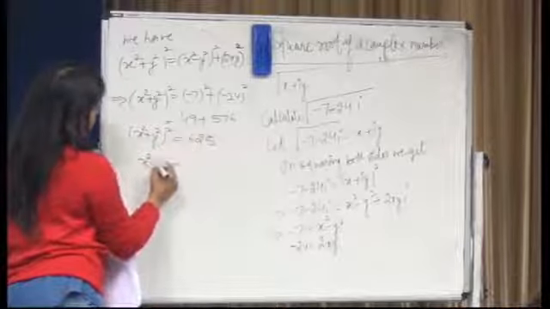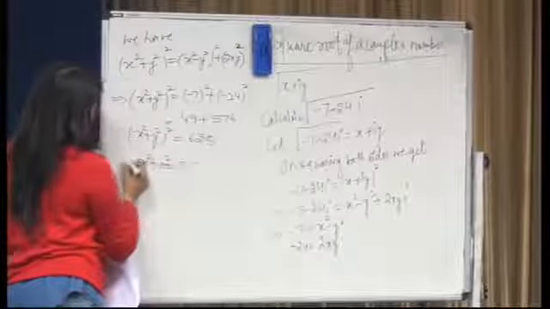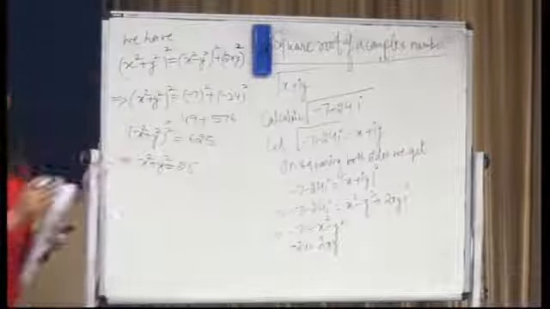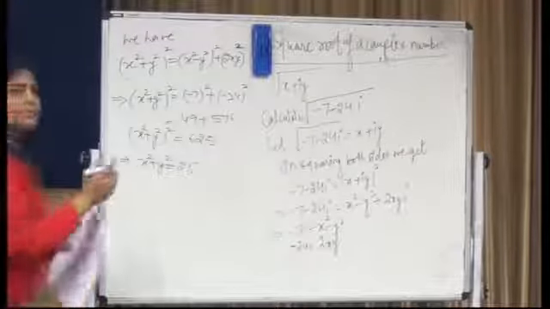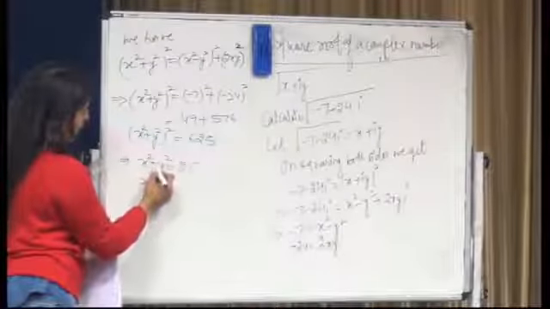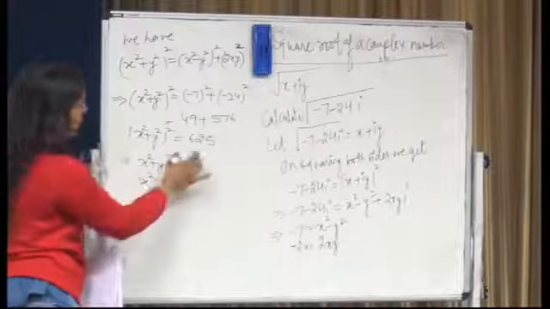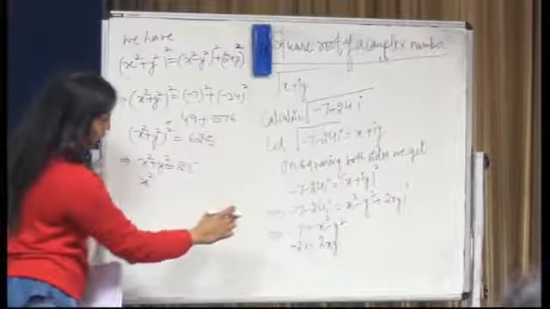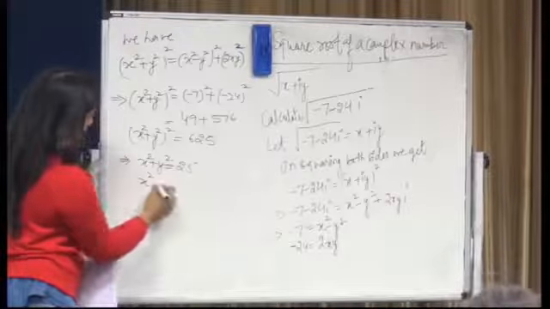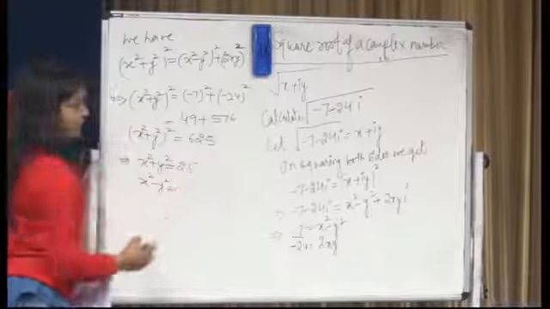So it means x square plus y square will be 25. Can I write it negative also? Why am I not writing negative? Yes, a sum of squares will never be negative. That is why I haven't written minus. So I have x square minus y square equals minus 7, fine.